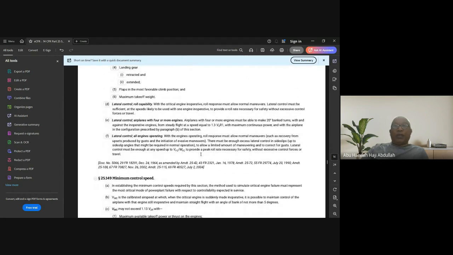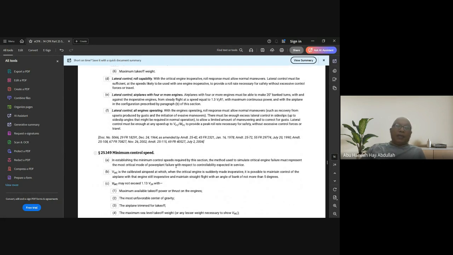Minimum control speed. Again, this is almost stall. At stall, you have no more control. So when we stalled the Eagle, we did not have control. First, for the flight test requirement, we need to identify that it is stalling.